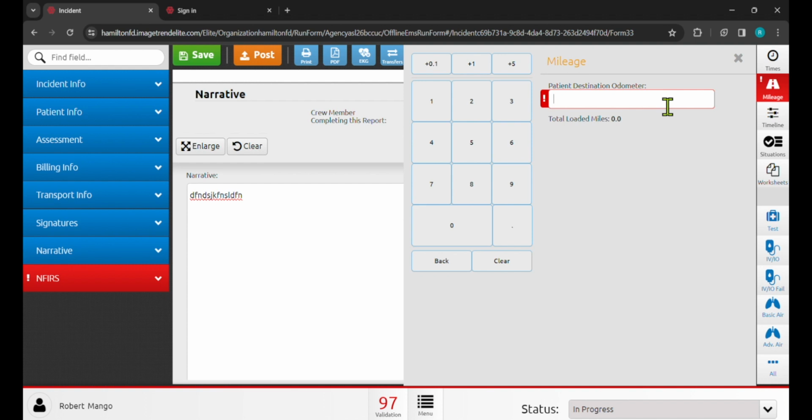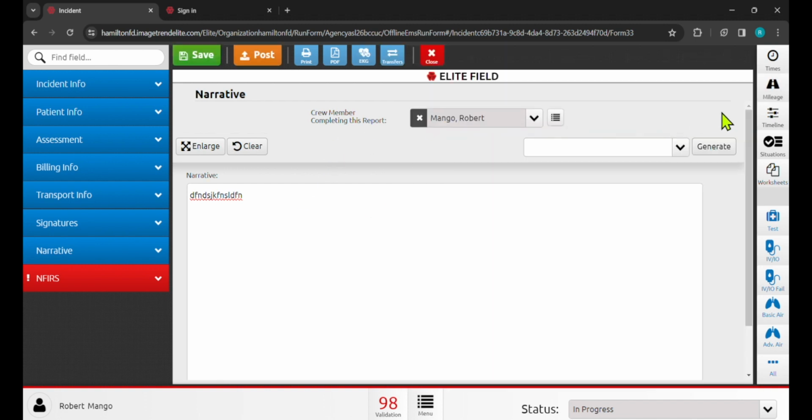So what I like to do, if the driver did not get my miles for me, is go to Google Maps, type in Grant Medical Center or wherever you went. It'll say you can get directions, put in the address of the run, and it will tell you exactly how many miles you had to travel. Okay. So now we're all good over here.